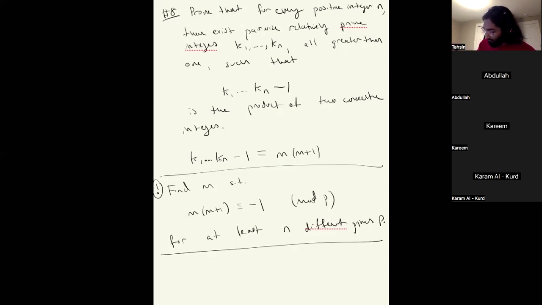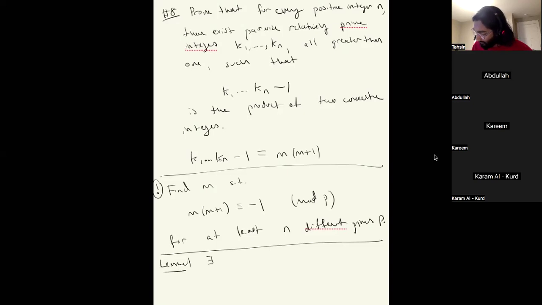We can do this by choosing an m and then the factors of m times m plus 1, all plus 1, would satisfy this. Good. So first we need to show, so maybe this is lemma 1.